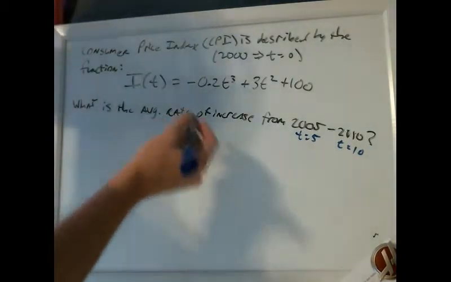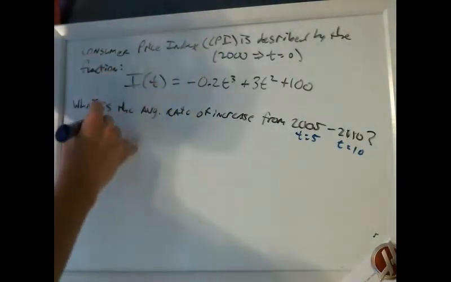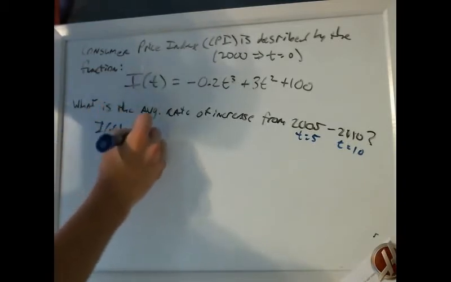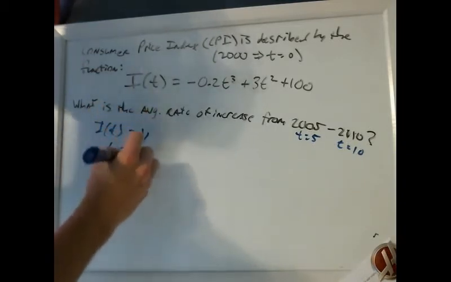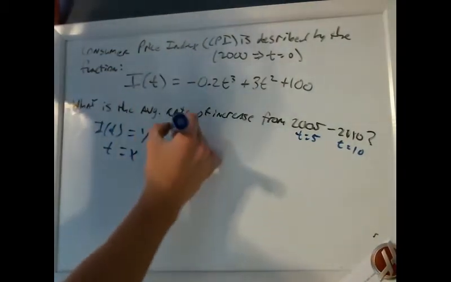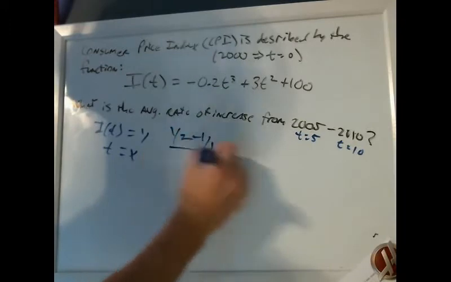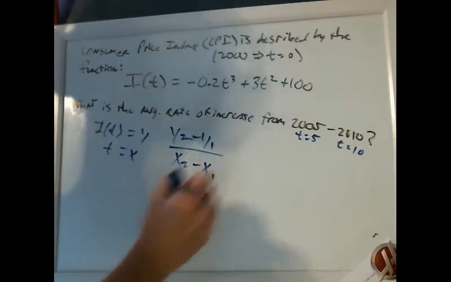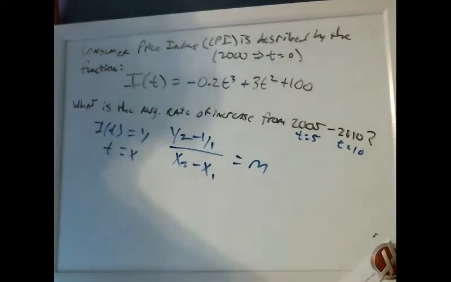So the change in y, as we know, I of t is y and t is x. So using that information, the change in y is going to be y2 minus y1 over x2 minus x1. That is slope.